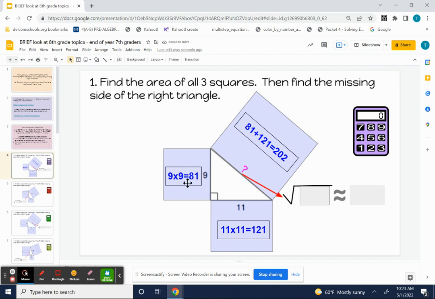These 2 small squares add up to the big square. So my big square is 202. Now I just need to take one more step. I need to find an edge of that square. The edge of a square is the square root of the area. So if I find the square root of 202, I've got my answer.